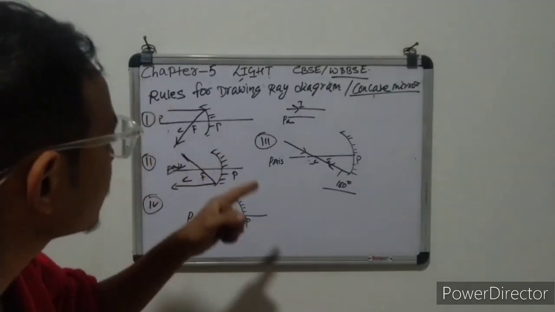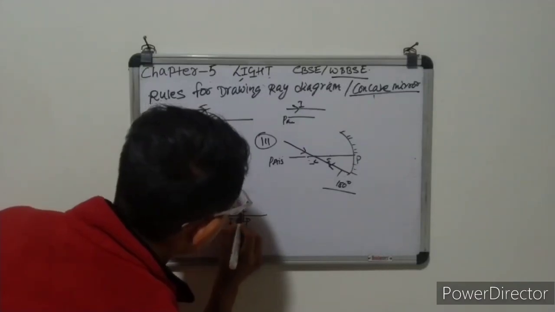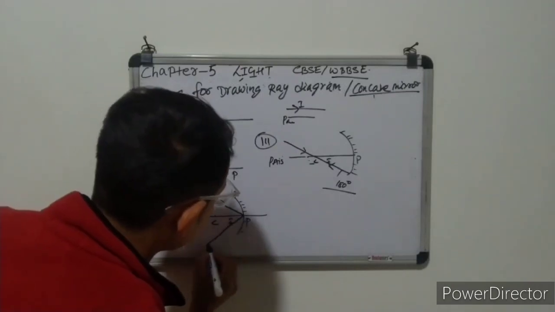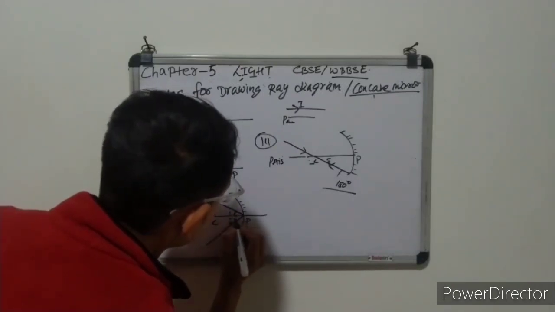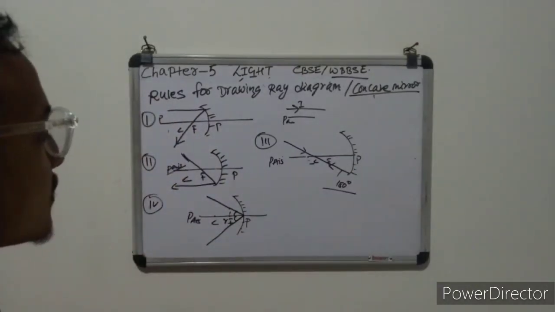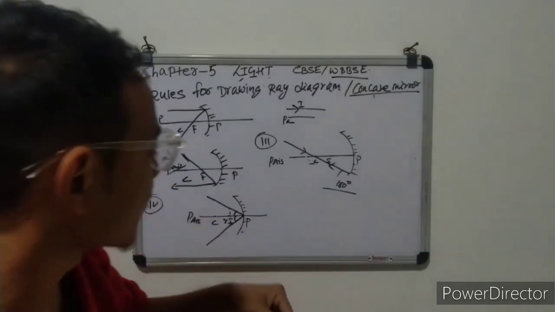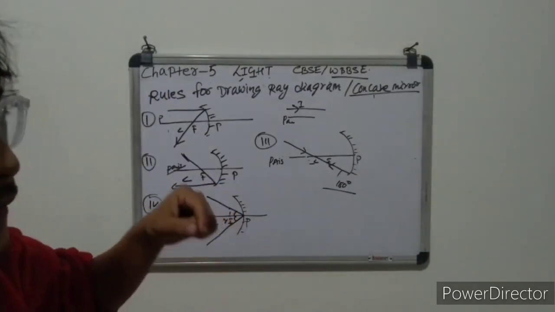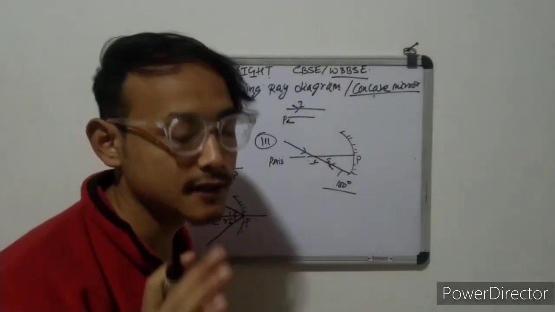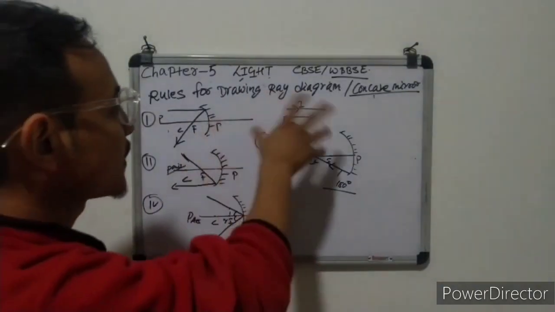Whenever the ray of light is not parallel to the principal axis, the ray of light will directly hit the pole and reflect back, creating the same angle following the laws of reflection. When the ray of light is not parallel, it hits the pole; if the angle of incidence is i, then the reflected ray creates an angle of reflection r equal to it. So these are the 4 basic rules.